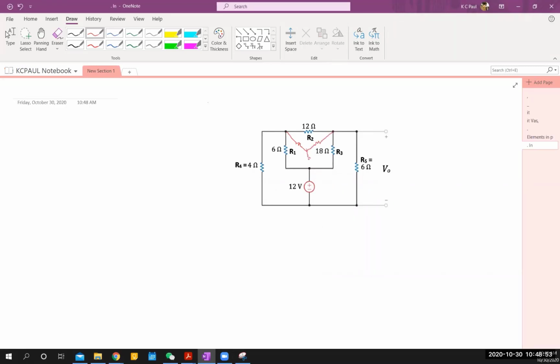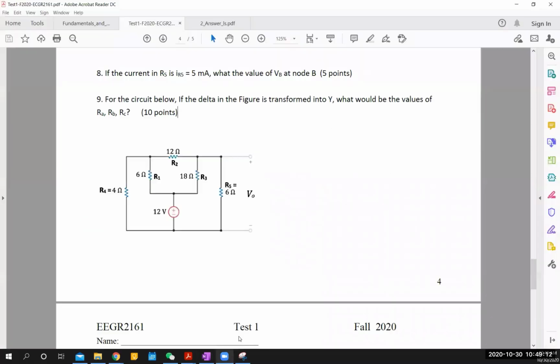Say, for example, this one is RA. Actually, RA should be in this one. So your problem is given here.